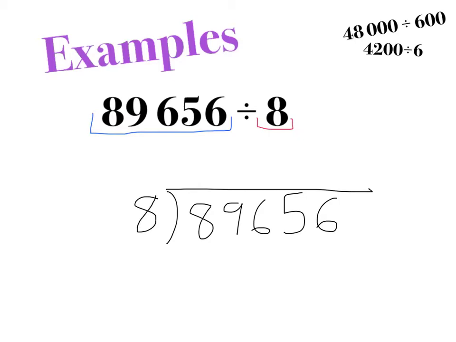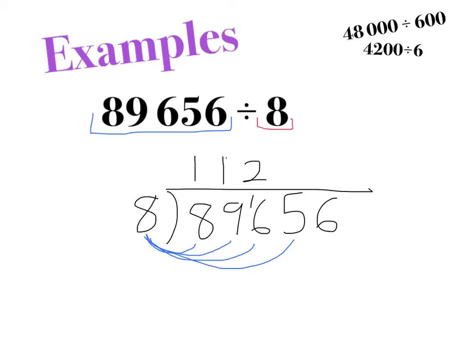So it's very simple. How many times does 8 go into 8? It goes once. How many times does 8 go into 9? It goes once, remainder 1. How many times does 8 go into 16? It goes twice. How many times does 8 go into 5? Uh-oh. 8 does not go into 5 as a whole number.